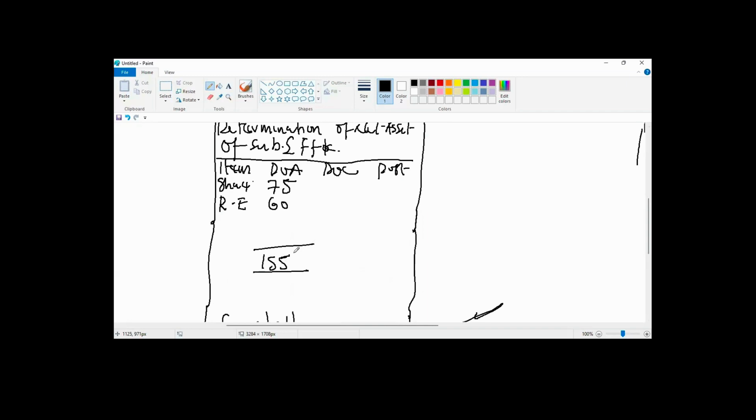I will ask the question: 75 plus 60 is not 155. 75 plus 60 will give us 135. It does not equal the net assets. Why are you lying? Because the net asset is 155. I will now ask the question, what is responsible for the difference?